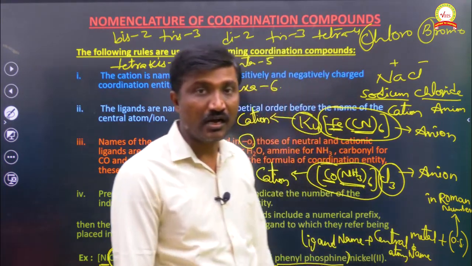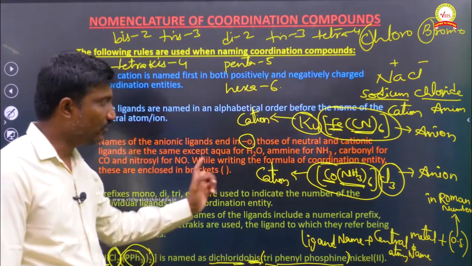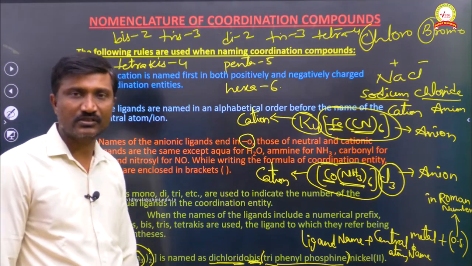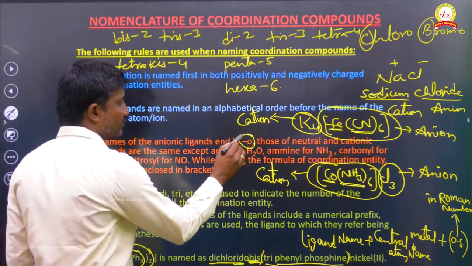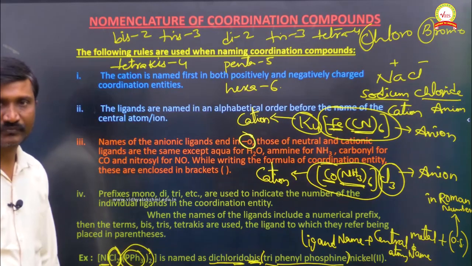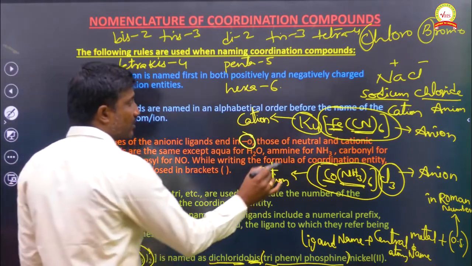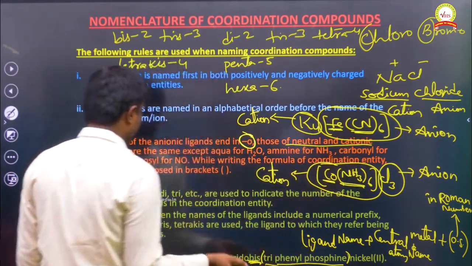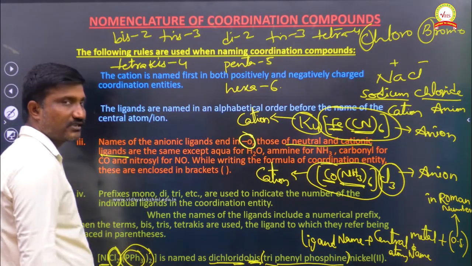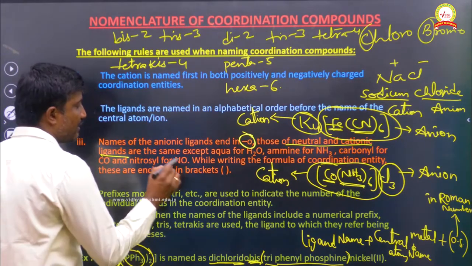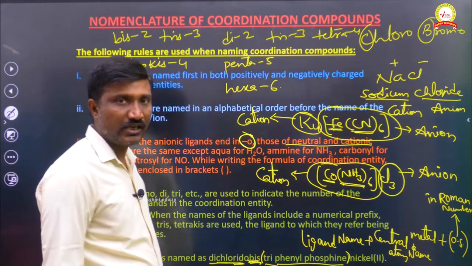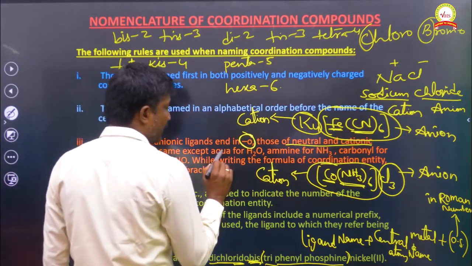C2O4 2 minus, oxalato. I will show different ligands and the names of those. All of those should end with "o", right? If ligands are neutral or cationic, means positive ligands or neutral ligands, then we give the usual name, except for these ligands.